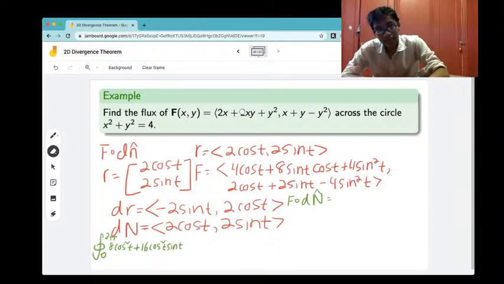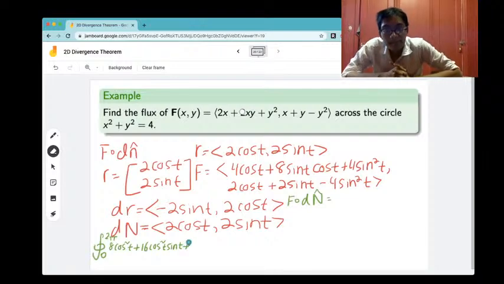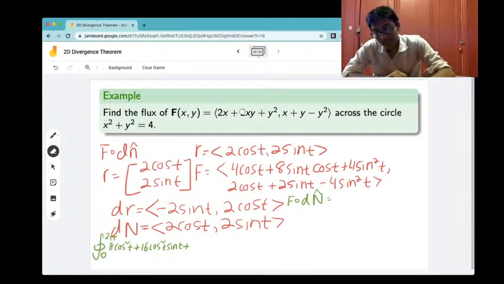Plus what? 4 sine squared of t. What's 4 sine squared of t times 2 cosine of t? Well, that's just going to be 8 sine squared of t cosine of t. So 8 sine squared of t cosine of t. Okay, wow, this is actually really big. Plus, all of that plus.